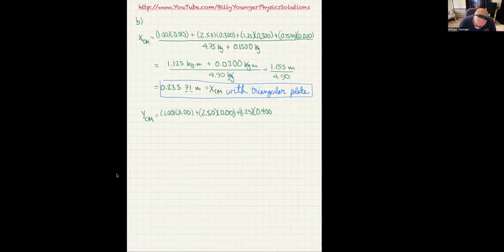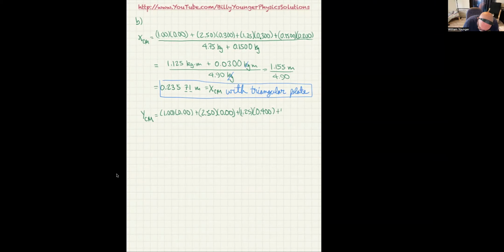Yes, that looks fine. And now I have to also add the plexiglass, and the plexiglass has a mass of 0.1500 kilograms, and its location is actually 13.3 centimeters up, so that'd be 0.133 meters up.